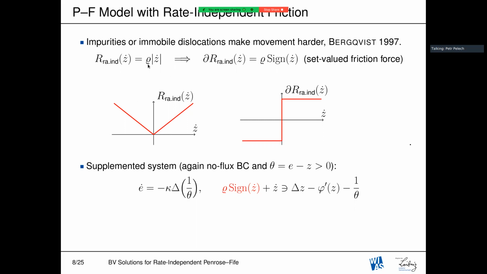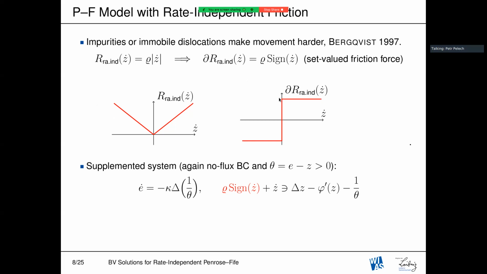So this is done by the standard dry friction term. If you consider this rate-independent dissipation functional defined on the rate of z, which is more or less the absolute value, then the subdifferential is the sign function here.